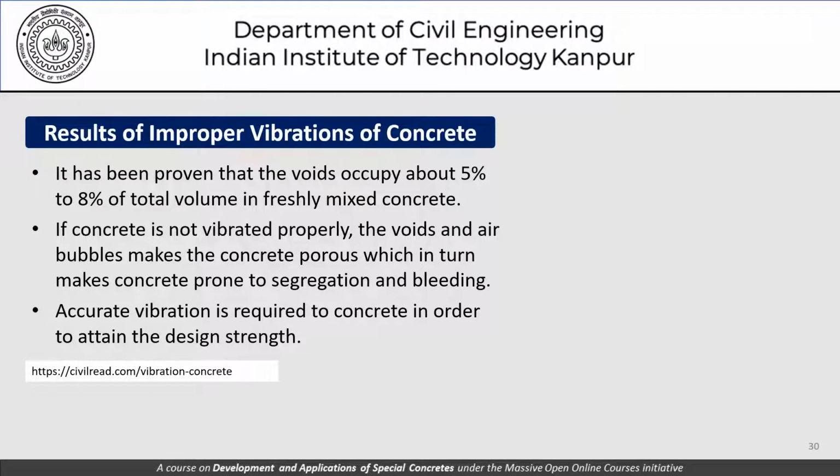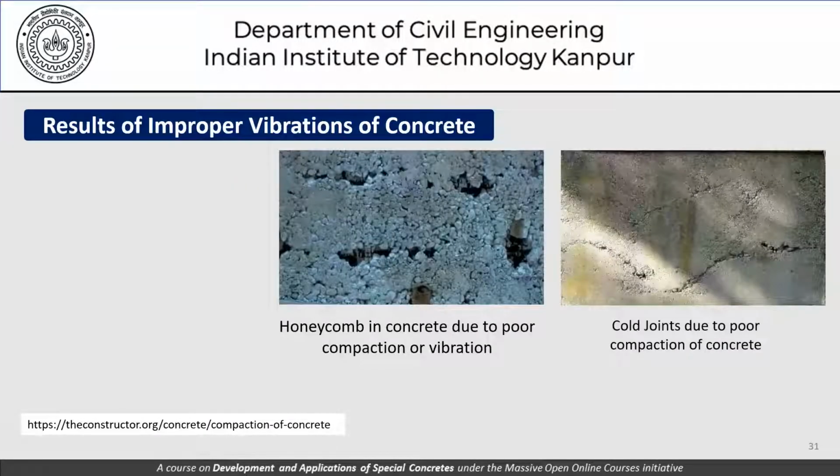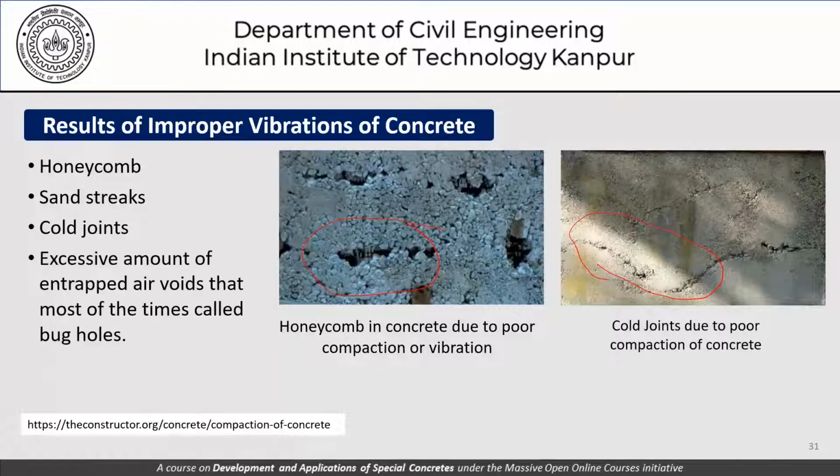And here are pictures of honeycombing or cold joints due to poor compaction of concrete. So we do not want this kind of a picture to emerge after the formwork is removed, or for that matter, this kind of a picture where the cold joints are very clearly seen. We could have honeycombs if we don't have proper vibrations. We could have sand streaks, cold joints, excessive amount of entrapped air voids that are mostly called bug holes, subsidence cracking, and placement lines.